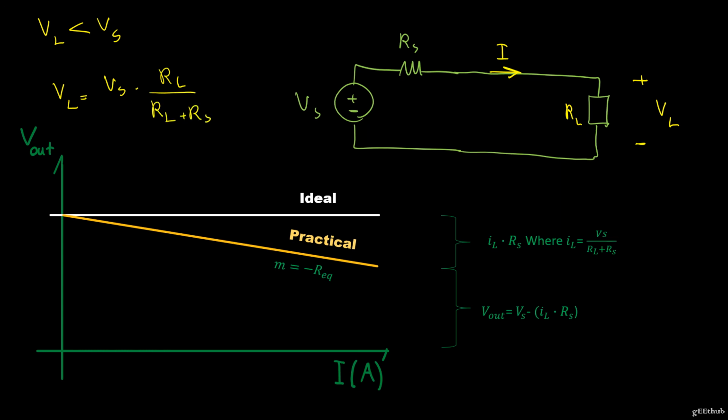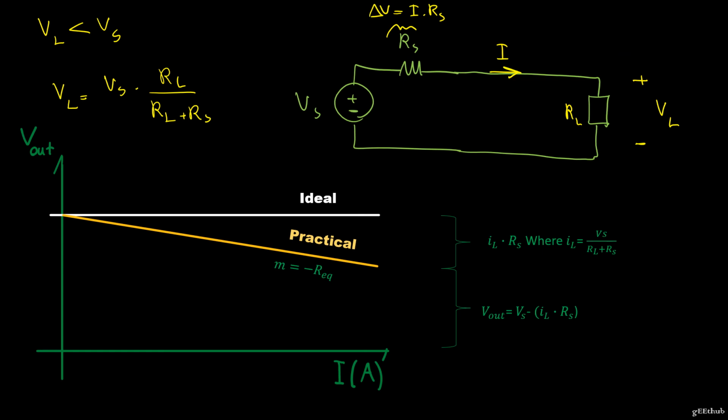So what's happening here is that if I have a very large current, that's going to result in a very large potential difference or potential drop across my source resistance. So it's going to result in a large IRS, and that's going to limit the amount of potential that reaches to the load.